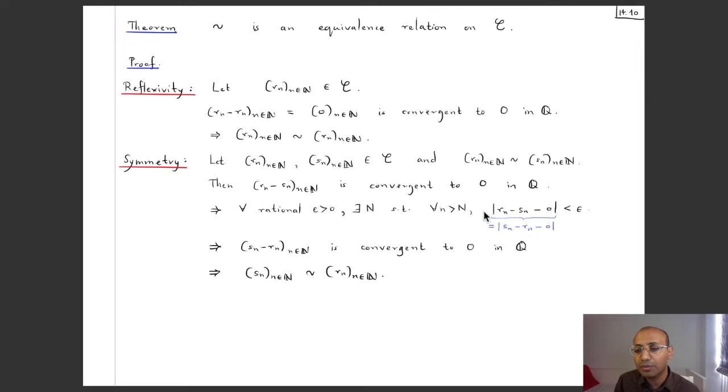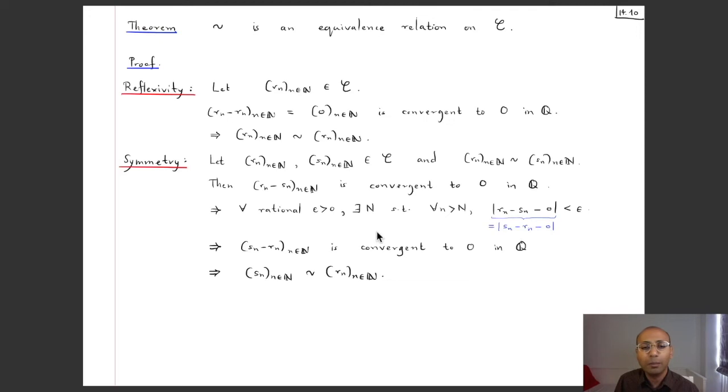But this is just mod of Rn minus Sn, which is also equal to the mod of minus of Rn minus Sn, because the mod of any number is the same as the mod of the minus of that number. And minus of Rn minus Sn is Sn minus Rn. And so you have that this distance is the same as the distance of Sn minus Rn to 0.